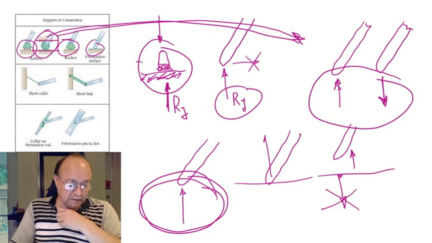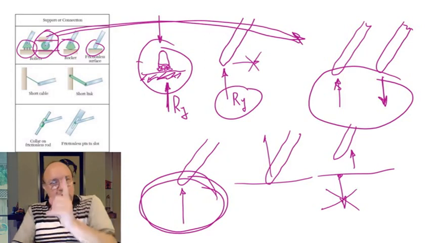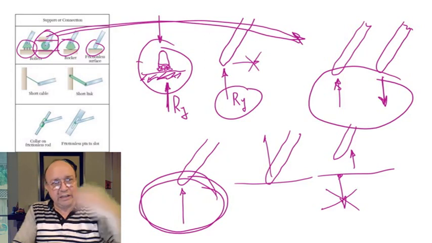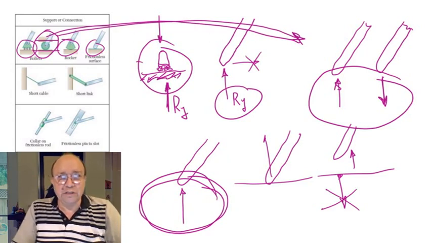So when you replace a support with a force, it doesn't matter in which sense you put the force. You can put it up or down, and at the end, the result will tell you if your assumption was correct or incorrect.